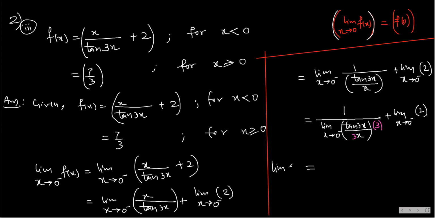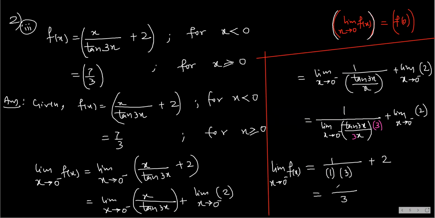Applying limits, what will I get? Limit f of x, x tends to 0 negative is equal to 1 upon, this whole thing is 1. So 1 into 3. And here, when x is approaching 0 from the left, what will be the limit of 2? 2 will remain 2. So the final answer is 3.